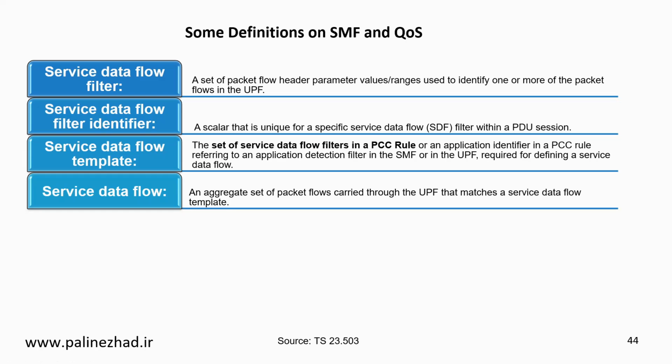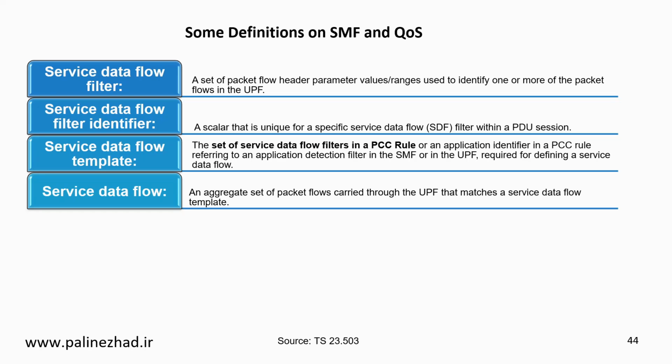So everything that matches the template is an SDF. Here, note that the SDF and SDF filter terms are just showing a set of aggregated packets, while the SDF template is actually used to do something practical on packets. I mean, the template is used to filter IP flows by using SDF filters to get SDFs, and you'll get to know them better in the next slides when we use them in examples.